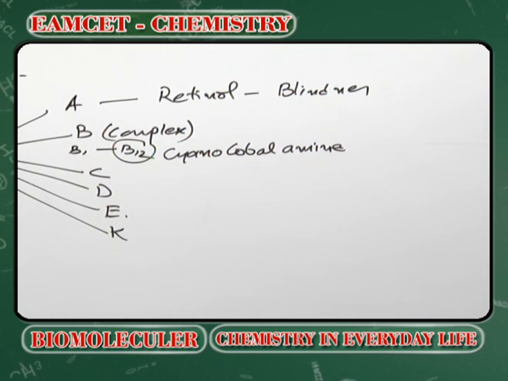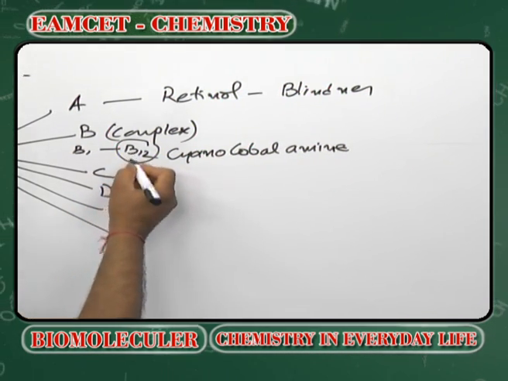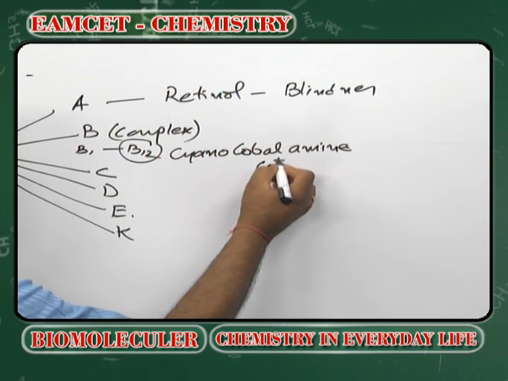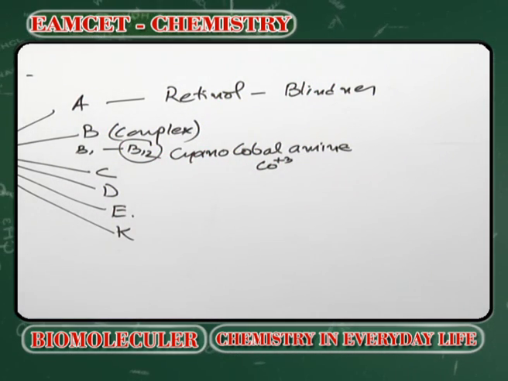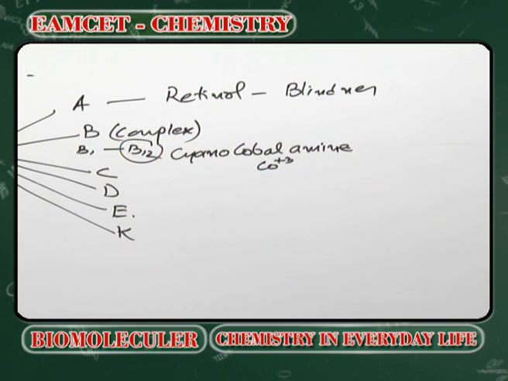In the B complex, it is B12, cyano. Cobalt plus 3 will be there in this complex molecule, and it is controlling blood preparation and so on.